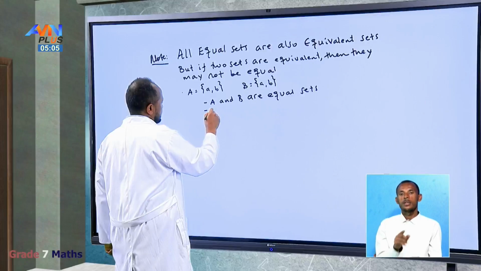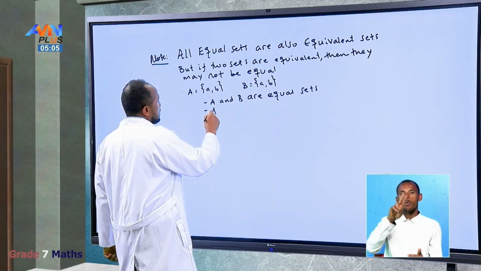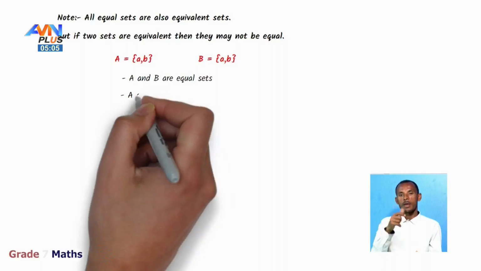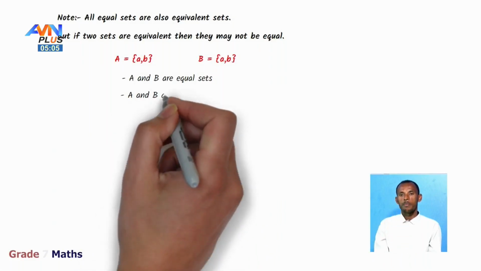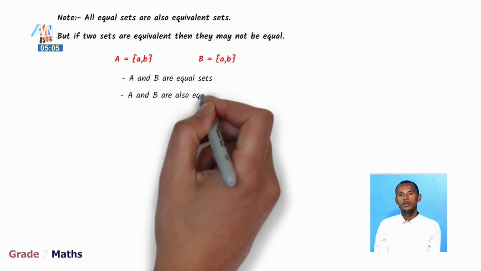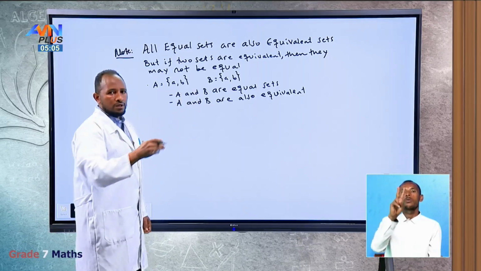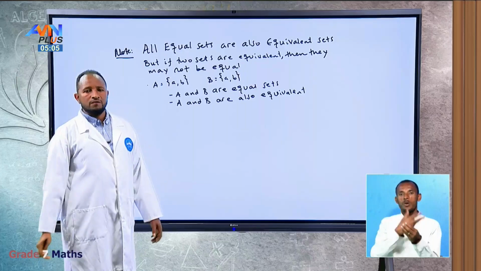They are also equivalent, since the number of elements here is 2, and again here is 2. A and B are also equivalent. If two sets are equal, they are equivalent.